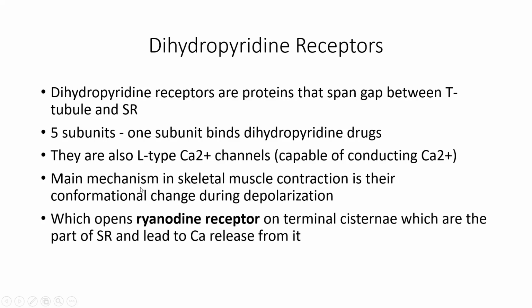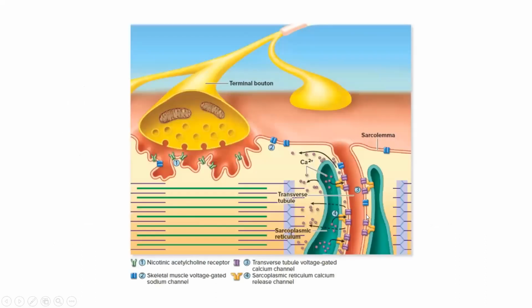And when these dihydropyridine receptors are activated because depolarization has reached the T tubule, they change their conformation. This is a signal for ryanodine receptors on the sarcoplasmic reticulum to release calcium from the sarcoplasmic reticulum into the cytosol, into the sarcoplasm.